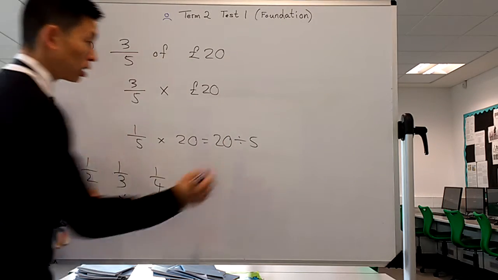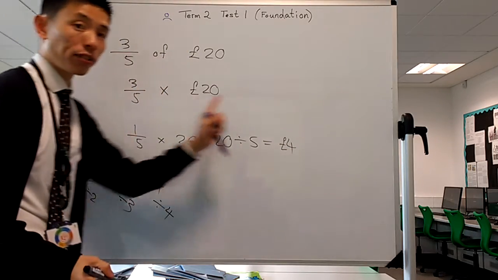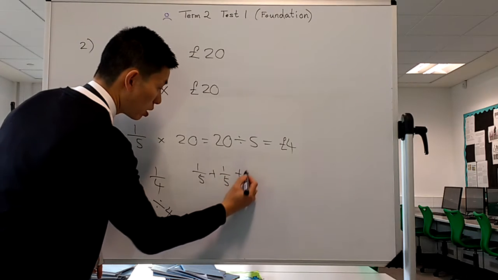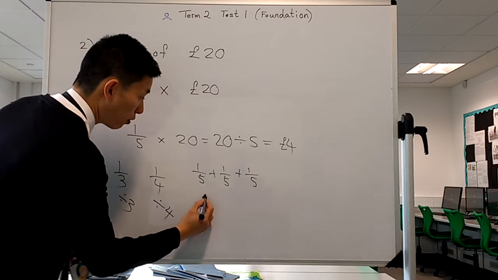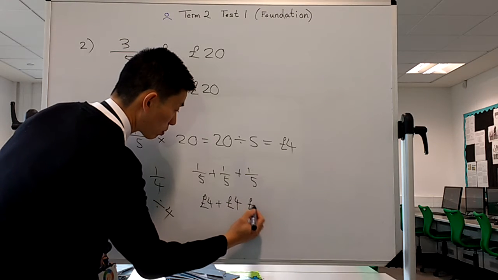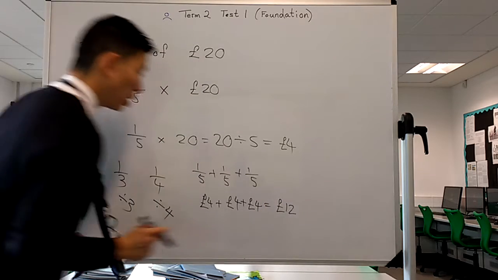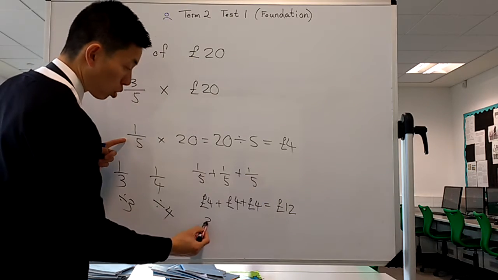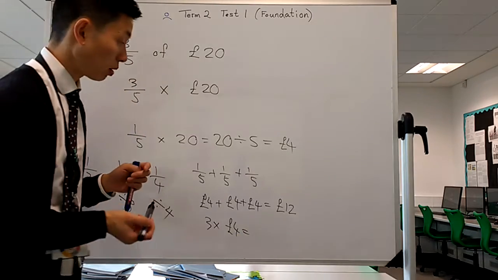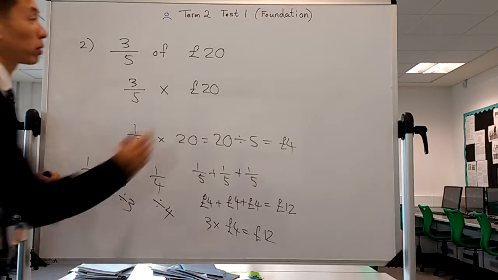Each piece is worth 4. So 1/5 is £4. So 3/5 is basically £4 plus £4 plus £4, which is £12. Or just do 3 times 4, because it's 3 lots of them. Okay, so £12 is the answer for this one.